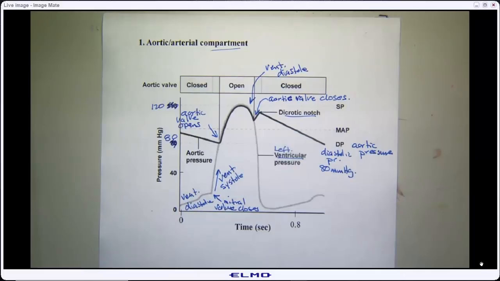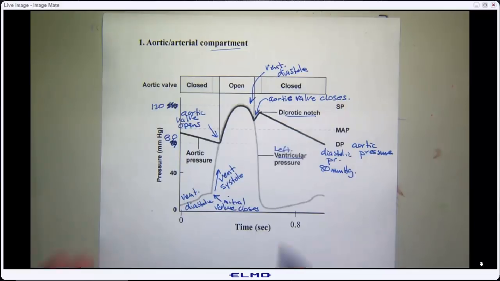Volume was moving a little bit, so we weren't really getting an accurate measure of what the volume in that aorta was and what the pressure in that aorta was. But as soon as that aortic valve closes, we get an instantaneous, true measure of what the volume in that aorta is and what the pressure in that aorta is.